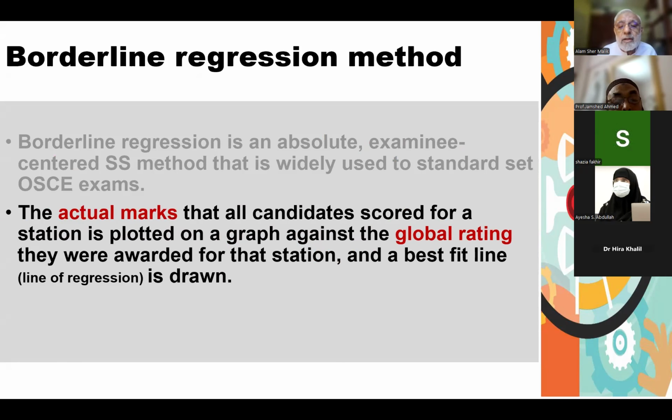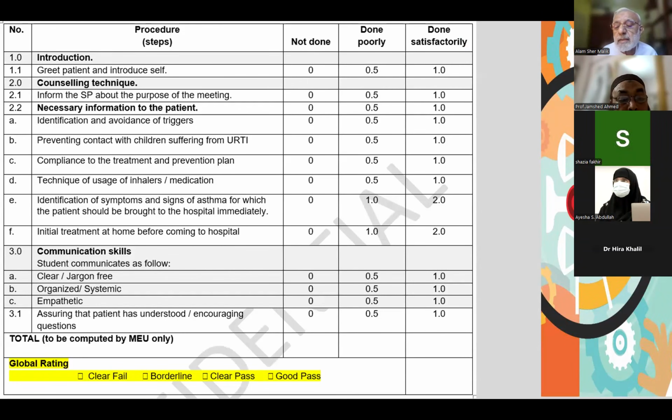The actual marks that all candidates scored for a station are plotted on a graph against the global rating they were awarded for the station, and a best fit line is drawn. So important here is, you look at this example. As an examiner, I would tick here; maybe this is done satisfactorily, but here it is poorly done, or here it's not done.